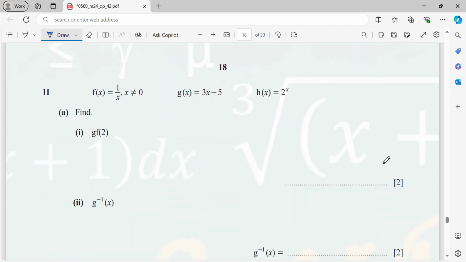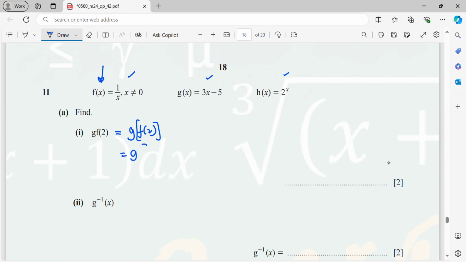Okay, next question, 11. Given f(x) is 1 over x, where x is not equal to 0, g(x) is 3x minus 5, and h(x) is 2 power x. Find gf(2). This gf(2) is basically the composite function. So I will write this as g of f(2). So refer to this f(x), replace the x by 2.